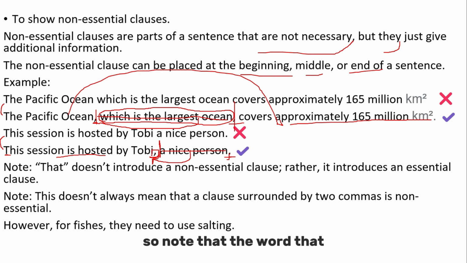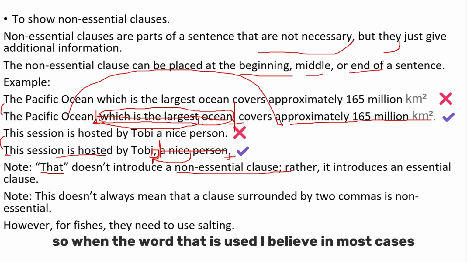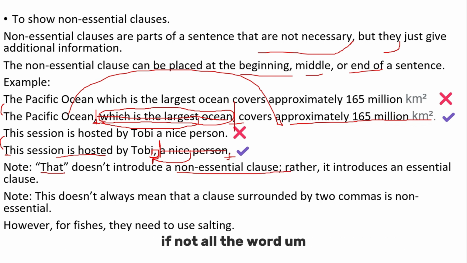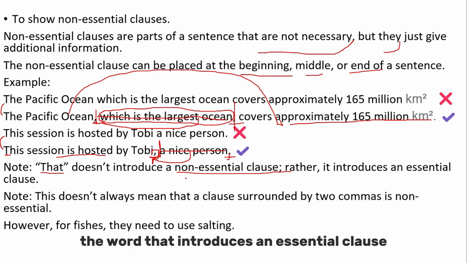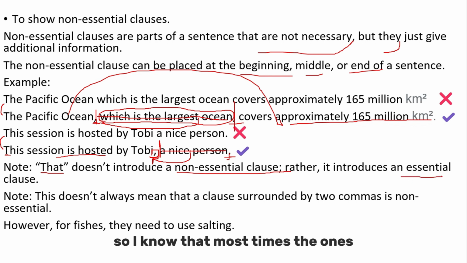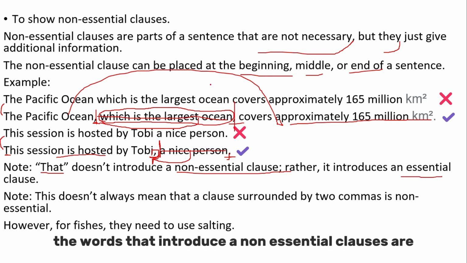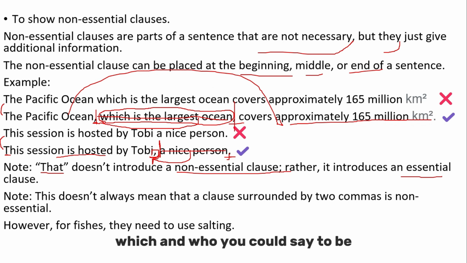So note that the word that doesn't introduce a non-essential clause. When the word that is used, I believe in most cases, if not all, it introduces an essential clause. I know that most times the words that introduce non-essential clauses are which and who.